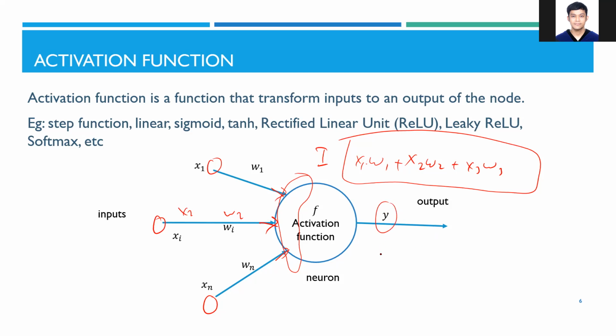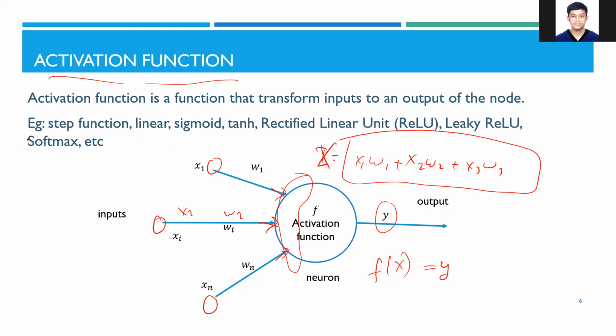And then how to transform all this input into output. Let's say this is I call it total x, for example. So we have a function that transforms our input into output. This function, they call it the activation function. We can use many different activation functions.